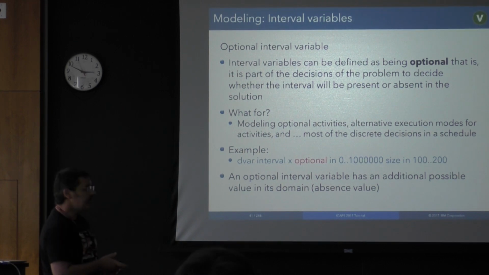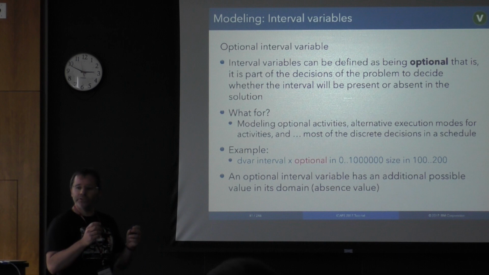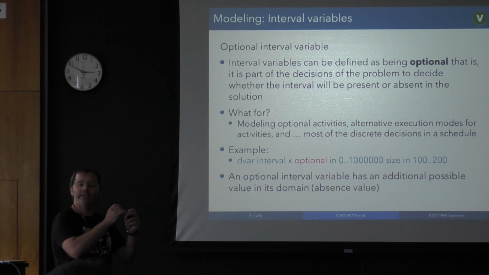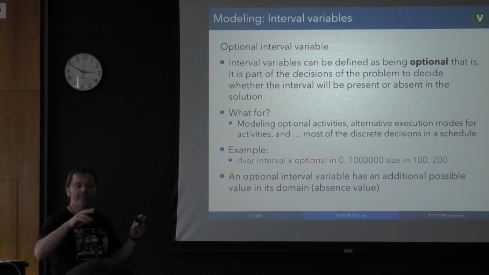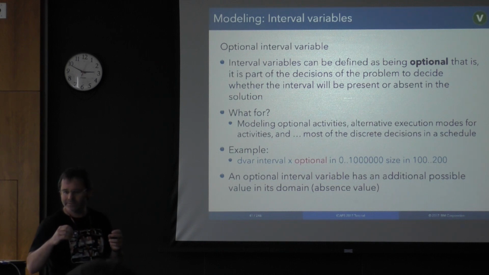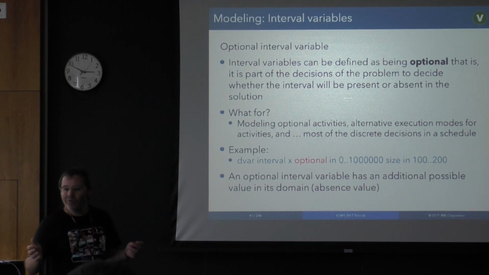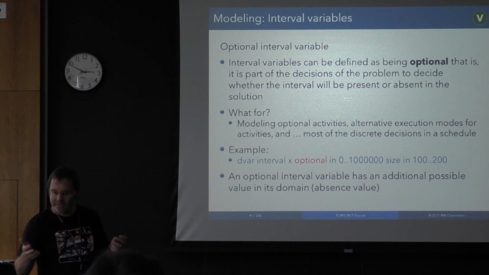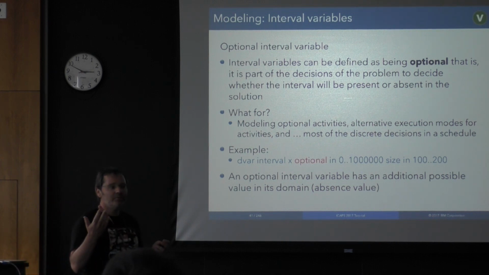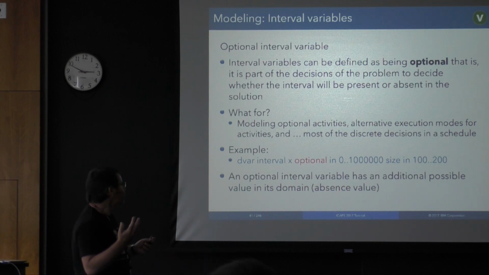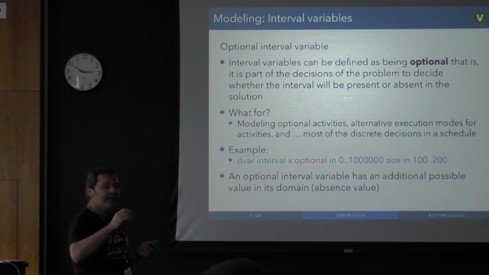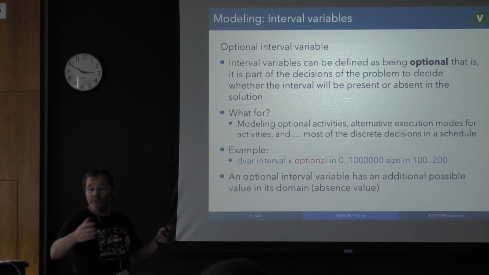It means that it is part of the decision of the problem to decide if this interval variable will be present or absent in the schedule. For people used to AI planning, you can really think of this as the fact it's either present or absent in the plan you generate.